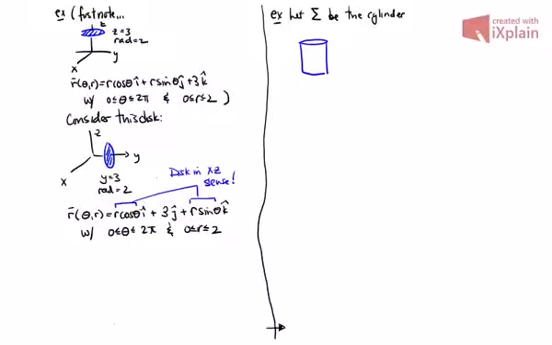We'll say it'll go maybe up to z equals 5. I'll say the radius is 3.